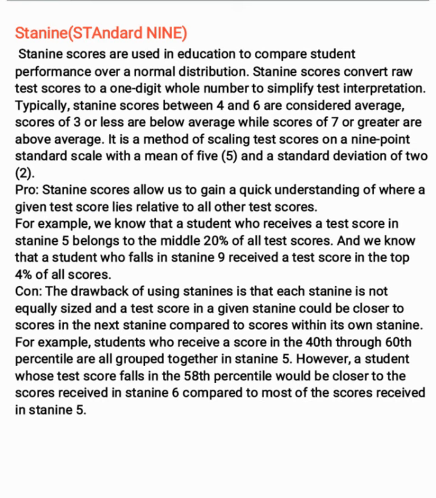Scores of 3 or less are below average, while scores of 7 or greater are above average. Okay, it is a method of scaling test scores on a 9-point standard scale with a mean of 5 and a standard deviation of 2. The mean is 5, standard deviation of 2.